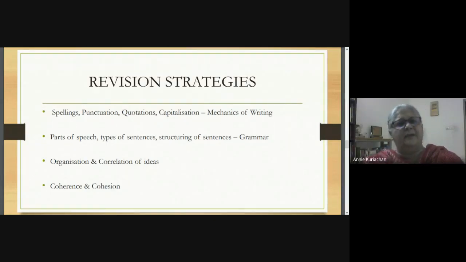When we look at grammar, English grammar, which is a foreign language for many of us, we need to look at parts of speech, types of sentences, structuring of the sentences. Are we looking at only simple sentences? When we write only simple sentences, one subject, one predicate, the reading of such papers becomes very tedious, and the style is not good enough for a researcher.